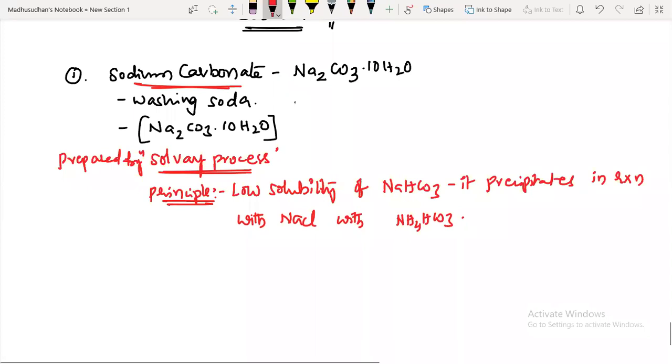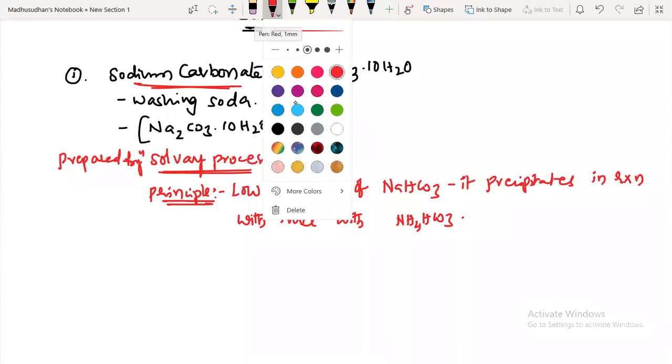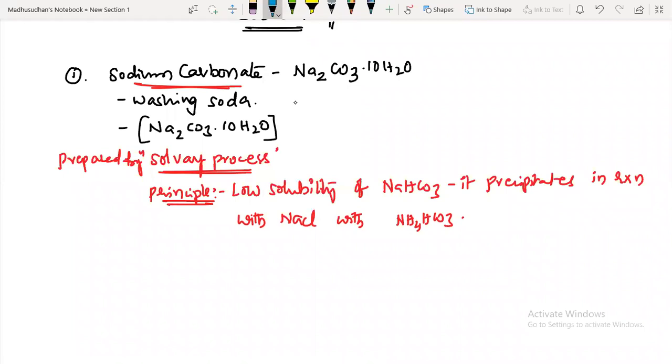The low solubility of sodium bicarbonate is taken as an advantage in this reaction.